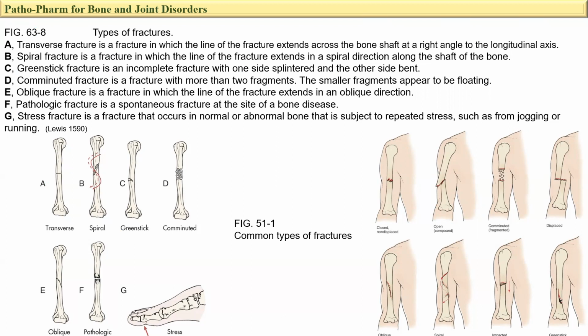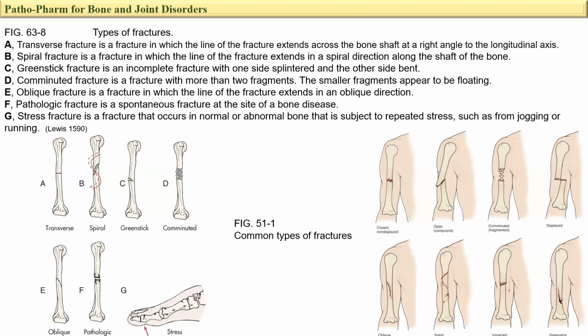That is called a greenstick fracture. Then there is comminuted, which is when the fracture has several fragments, small tiny bones, and these fragments appear to be floating.